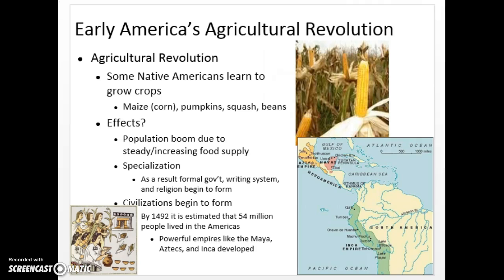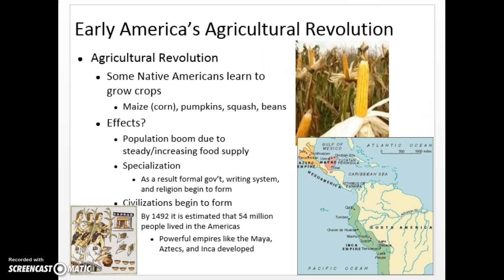In North America, in what is now the USA, societies hadn't grown massively complex. The Iroquois, some of the Seminoles, and some throughout the southeast and northeast had developed larger societies, but nothing in comparison to the Aztecs, the Mayas, the Incas, those that understood how to grow large-scale agriculture: maize, corn, pumpkins, squash, and beans.